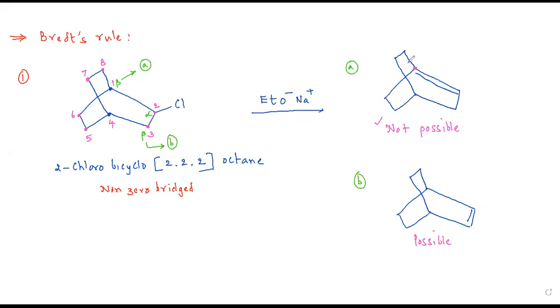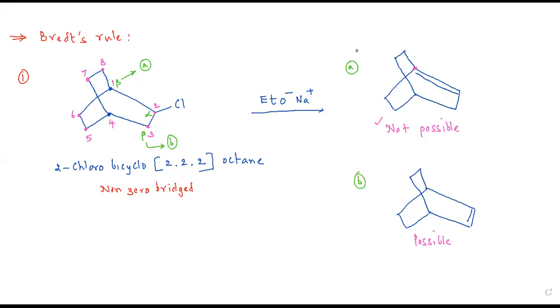The double bond cannot be formed here if the largest ring is of less than 8 carbons. Here no ring has more than 2 carbons. So this is Bredt's rule. You get 2 products, but this one is of course not possible.